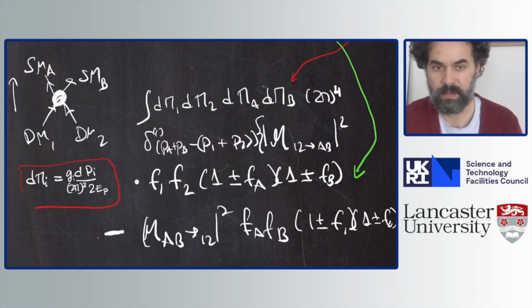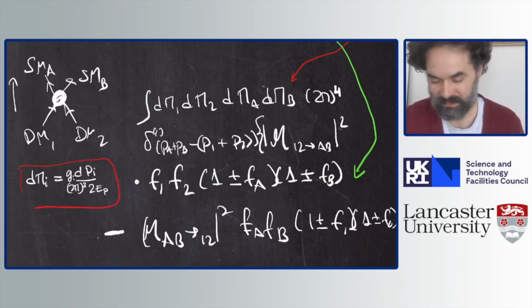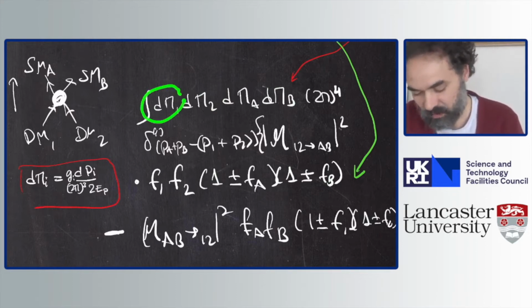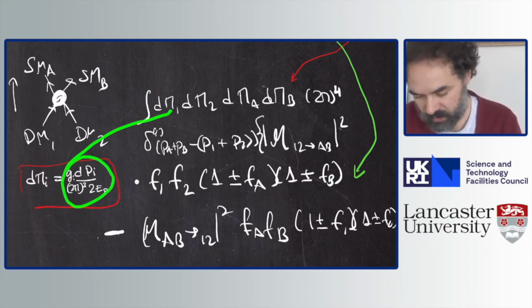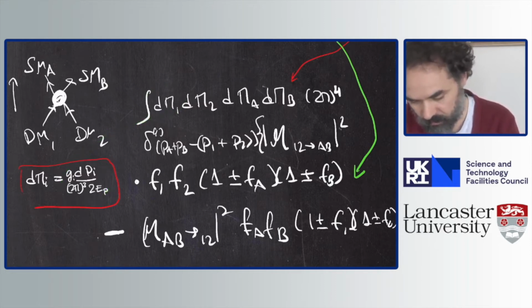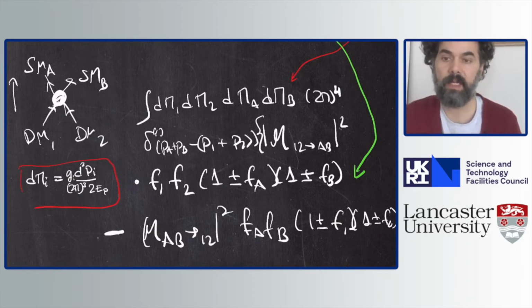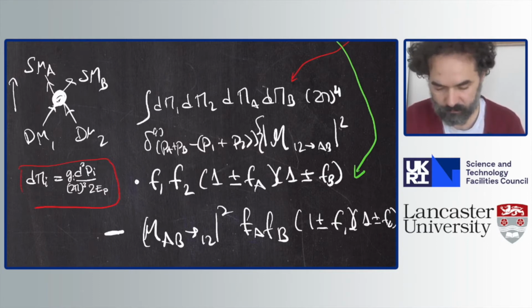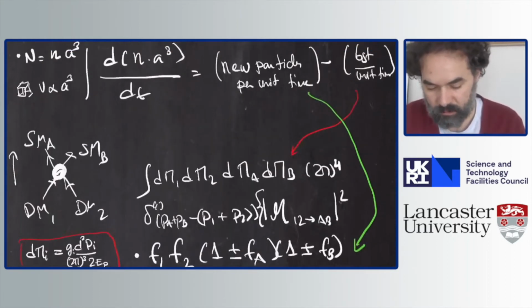These momentum differentials are standard, so it's the differential of each momentum. Here it should be d cubed p, divided by the energy to normalize them in a Lorentz invariant way. Not important.